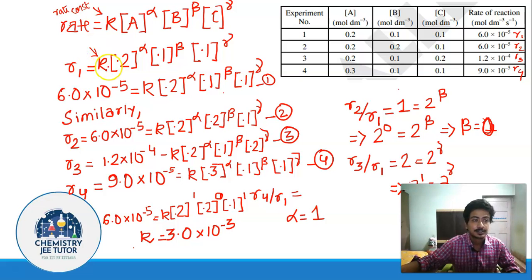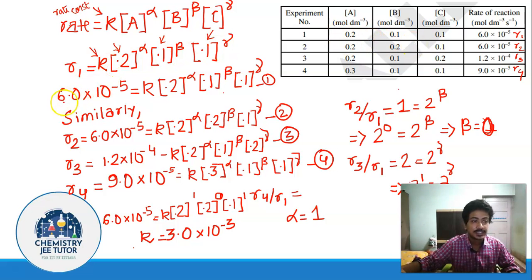K is the rate constant as I have said earlier. So in this case it has been given that concentration of A is 0.2, so we have written 0.2 over here. It is given 0.1 for B, so we have written 0.1 over here, and in case of C it is given 0.1, so we have written 0.1 over here. These are the concentrations of A, B and C given in the problem itself.